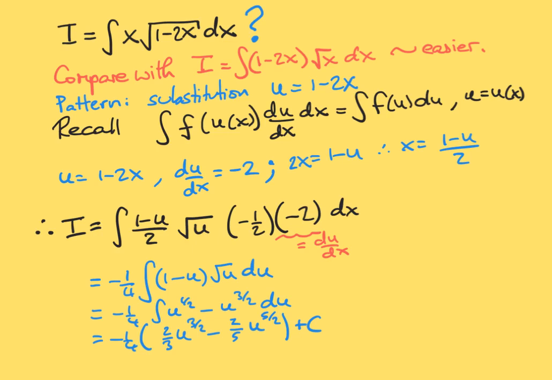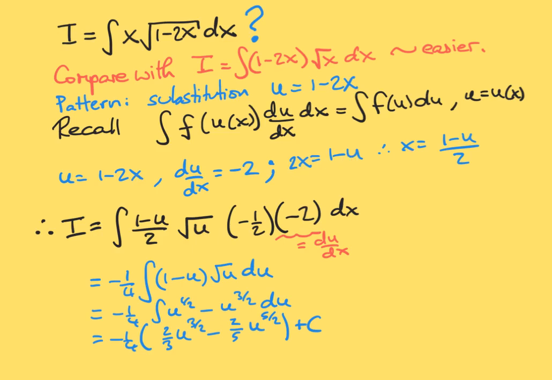So here, this is our integral, and we can rewrite it. u is defined to be 1 minus 2x. du dx is therefore just minus 2. If we differentiate that, we'll get 0 minus 2. And since from this equation, if we take the 2x over here and the u over here, we have 2x is 1 minus u.